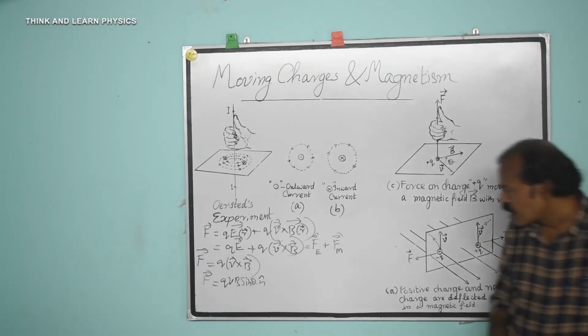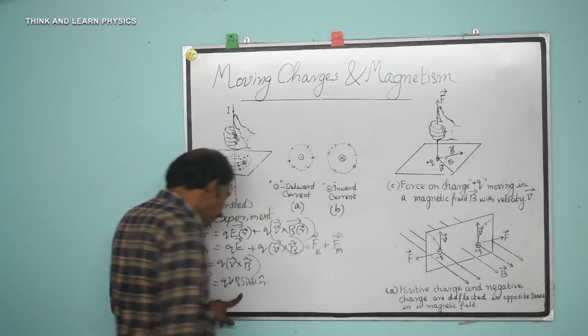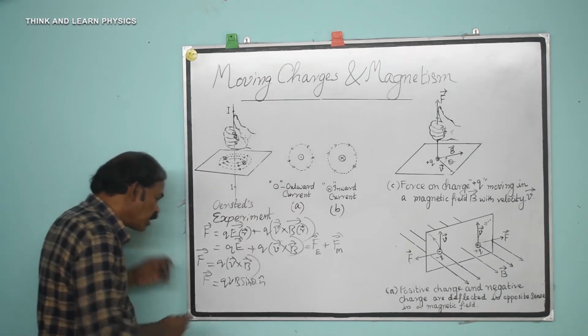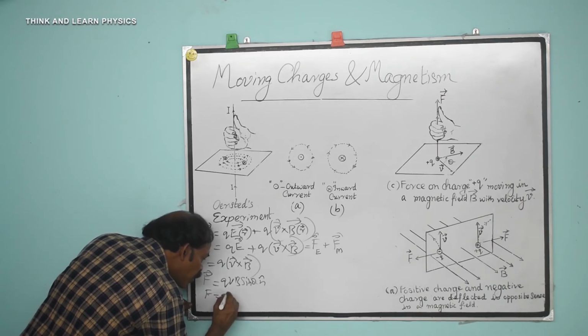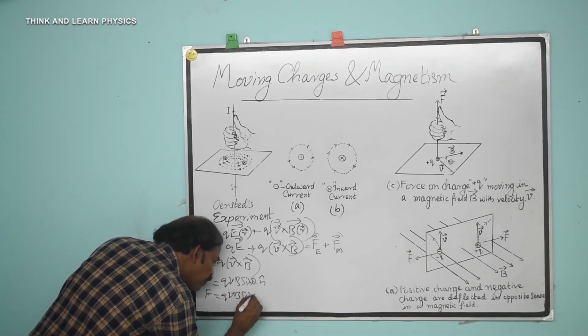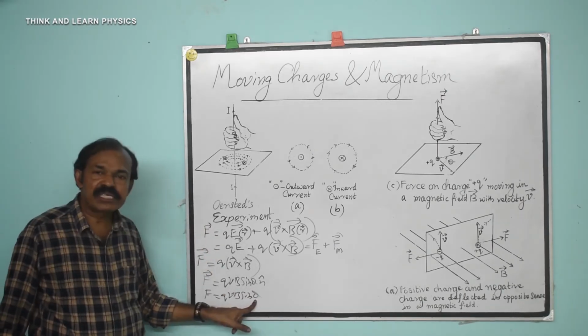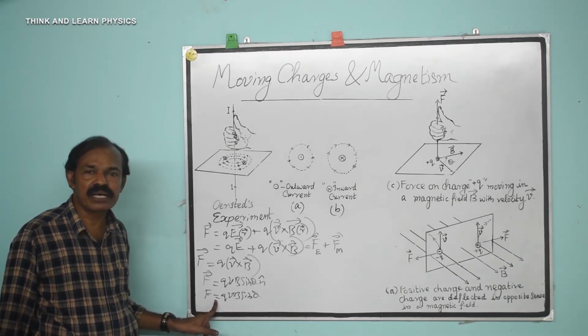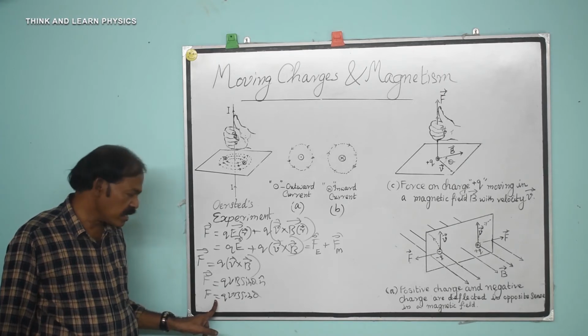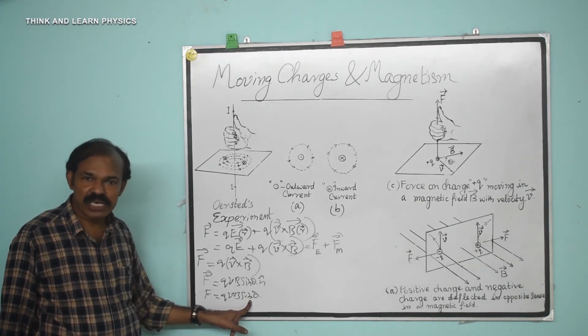Now, we can write the expression for the magnitude of the force as F is equal to qVB sin theta. Now, if theta equals 0 or 180 degrees, clearly the force acting on the particle F will be equal to 0. Sin 0 equals 0, sin 180 also equals 0.